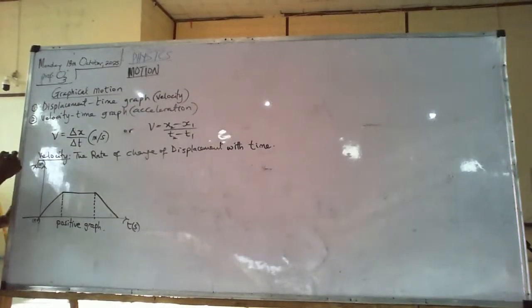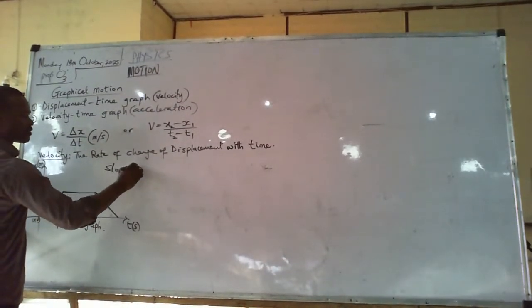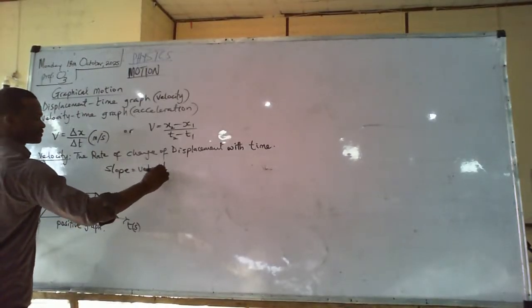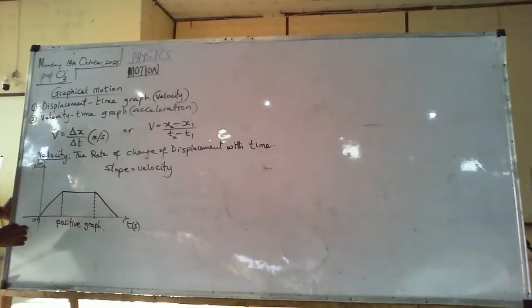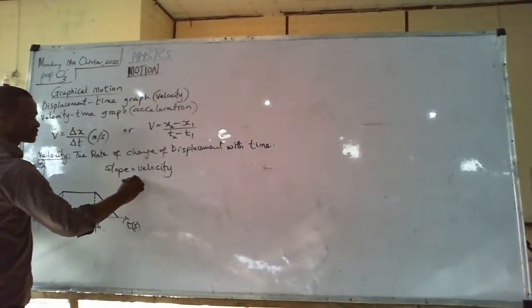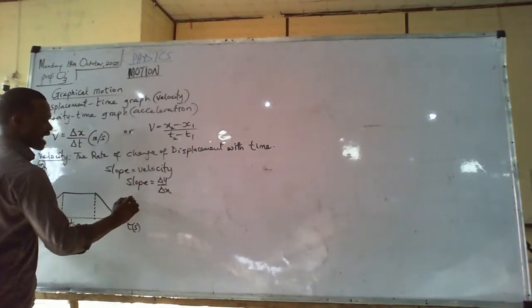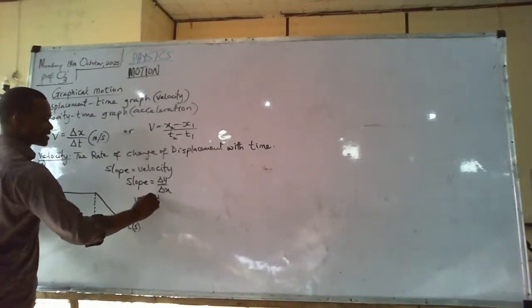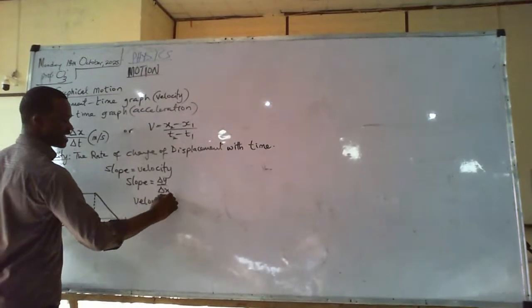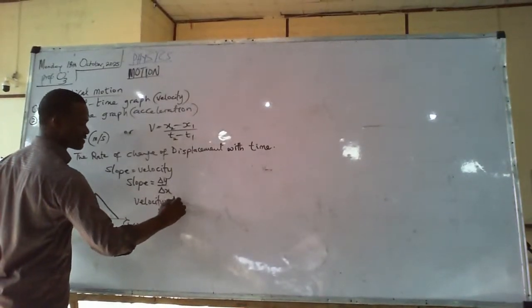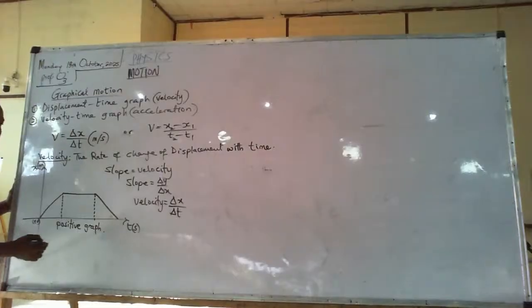Then at the end of the day, we know that the slope of the graph represents the velocity. You know that the slope is dy over dx. And the velocity also represents the same thing, which is change in y, displacement, over the t, which is the time.